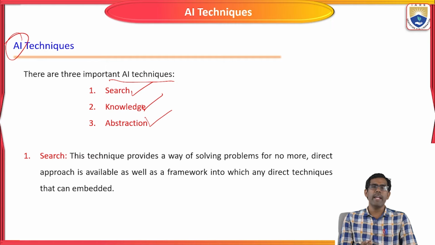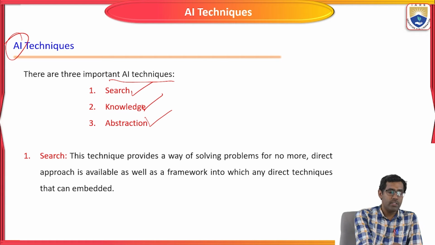We gain the knowledge, and how we use the knowledge in artificial intelligence is the concept of knowledge. The third one is abstraction. We hide some unwanted, unimportant functions from your algorithm or program code. We hide some information from the programmed algorithm in artificial intelligence designs.